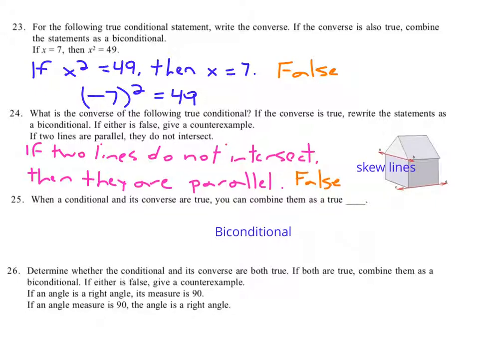let me type it. An angle is a right angle if and only if its measure is 90.